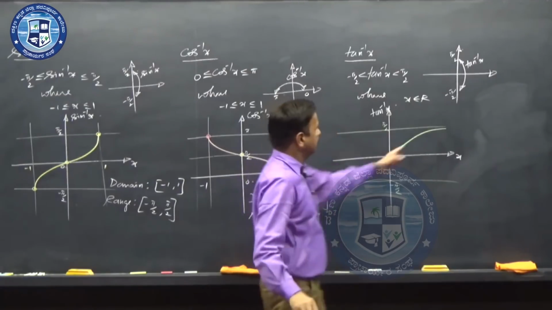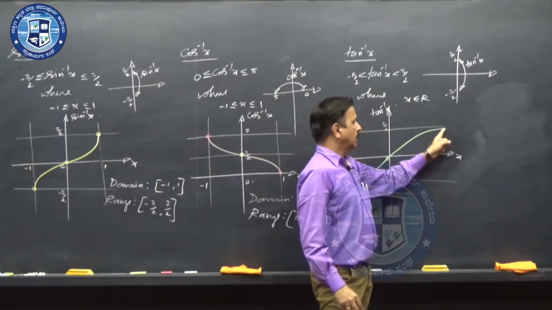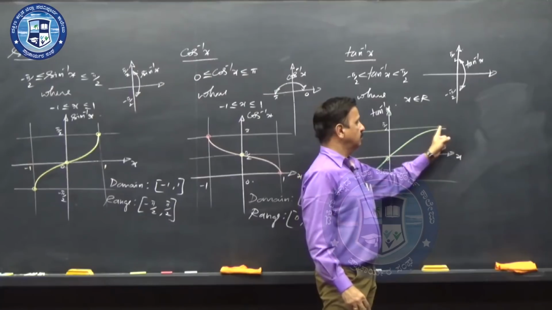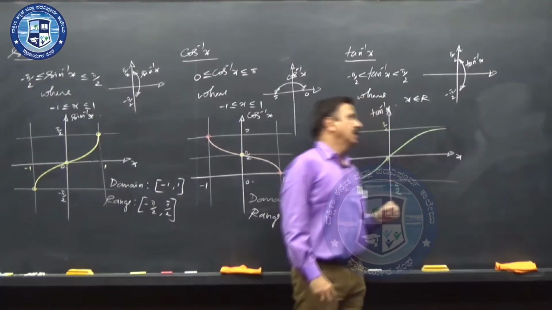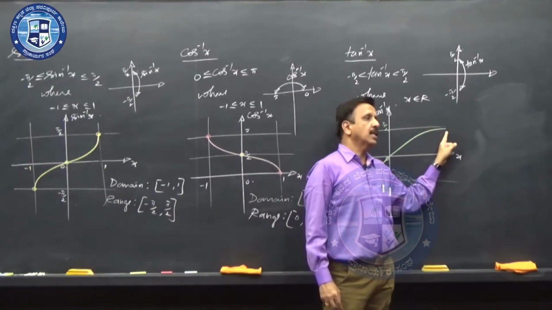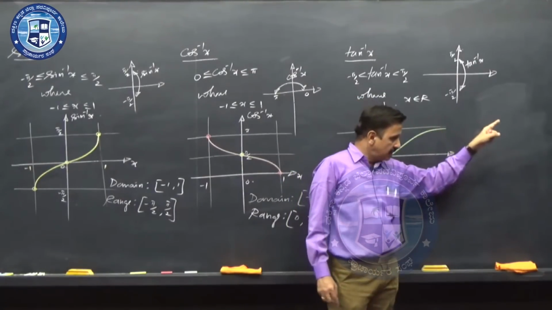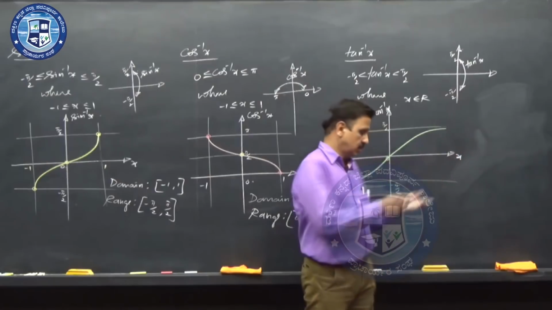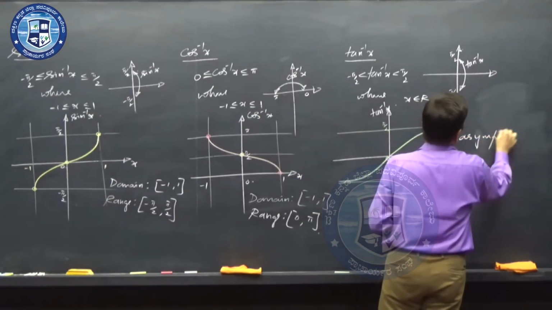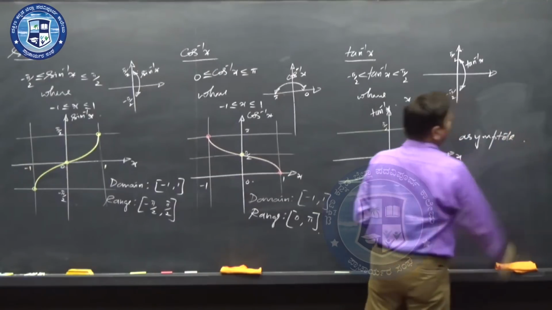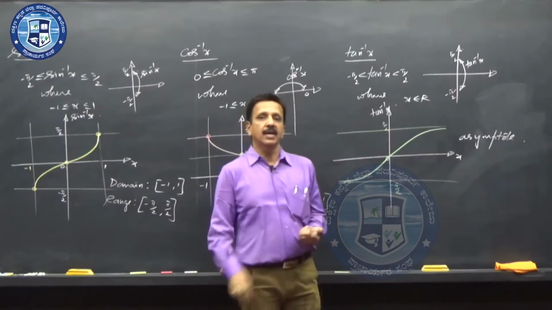See, the graph is asymptotic. The tail of the graph appears to touch this particular straight line, but it will never touch. It will touch only at infinity. Such curves are called asymptotic curves, and such lines are called asymptotes. An asymptote is a straight line which appears to touch the tail of a curve, but it will never touch.